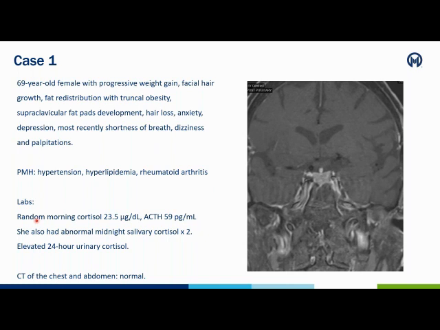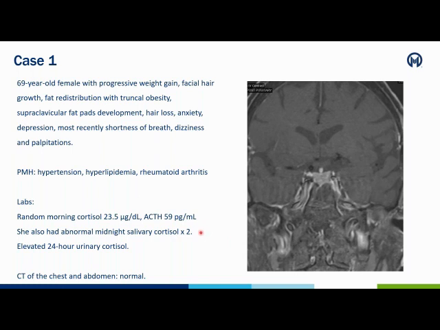She had many random morning cortisols that were either slightly elevated or within normal levels, with mild elevation of ACTH.